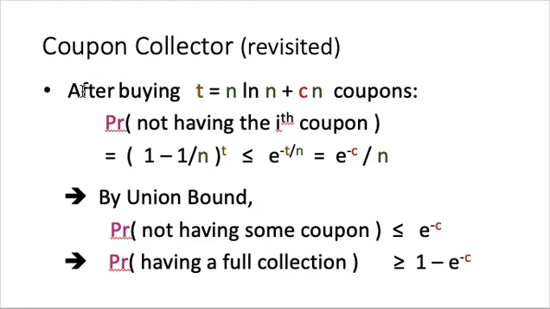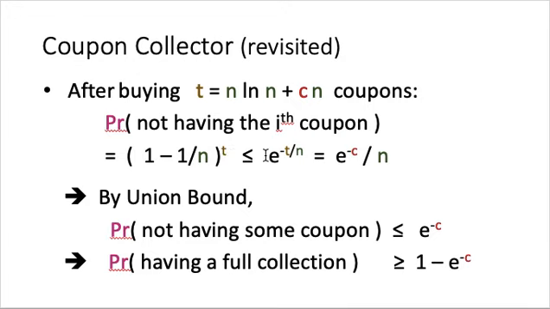So here, let us have some very quick analysis. Let T be the number of coupons that we are going to buy. So T is equal to n log n plus cn. After buying T coupons, the chance that we do not have a particular coupon is (1 minus 1 over n) to the power T, because each time we do not get this coupon.